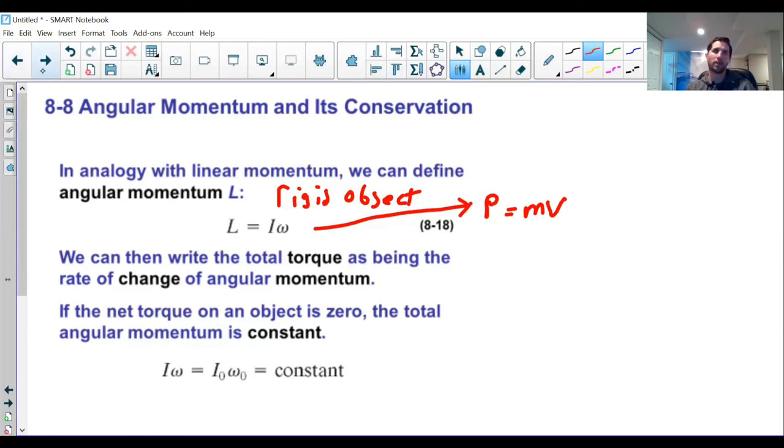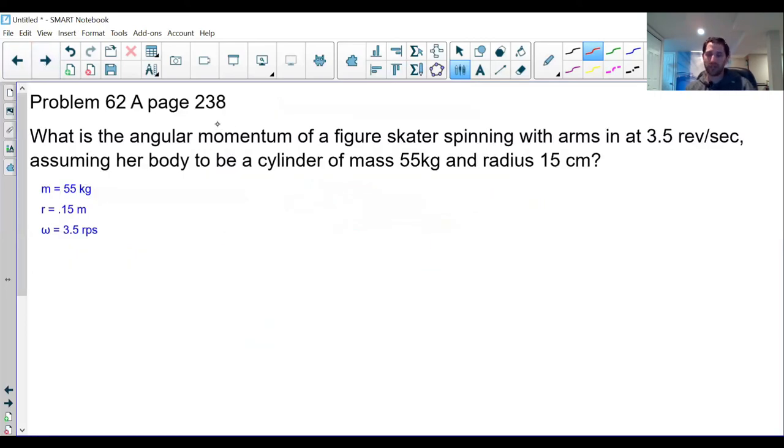Okay, one last item. This is from the textbook. It says, what's the angular momentum of a figure skater spinning with arms in at 3.5 revolutions per second, assuming her body to be a cylinder of mass 55 kilograms and radius 15 centimeters.